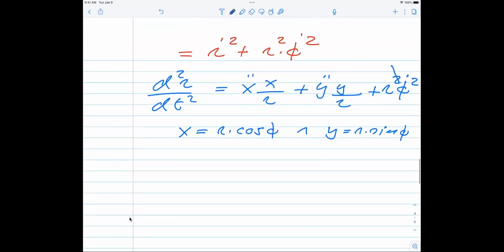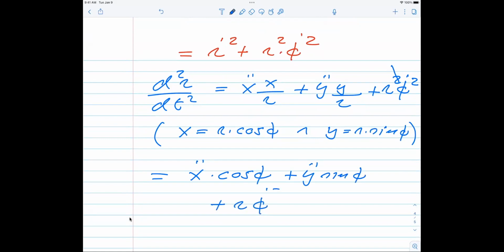So we can rewrite this equation in terms of x second derivative times cosine phi plus y second derivative times sine of phi plus this term which goes like r phi dot squared. So if you now look at the first two terms, what is the first term proportional to?